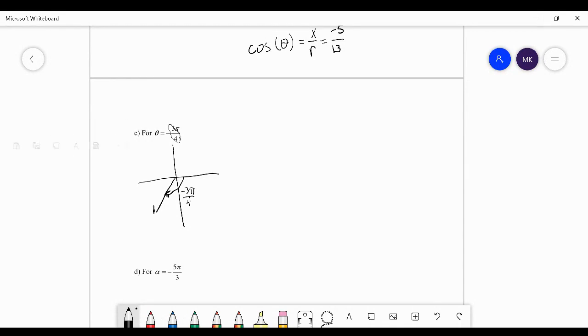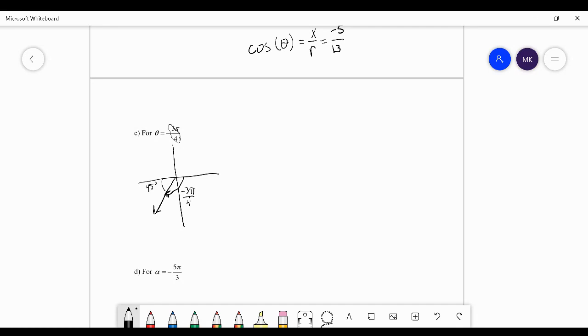So how do I figure this angle out? Well, if you wanted to jump into degrees, because that's what our table was, so if you found that table from the last lecture, hopefully you can find it again real quick. 45 degrees is what this is mirroring. So this right here is a 45 degree, or pi over 4, angle.